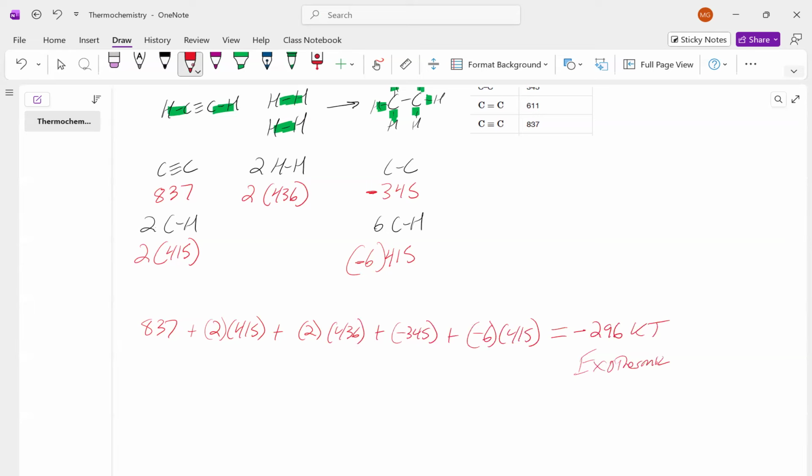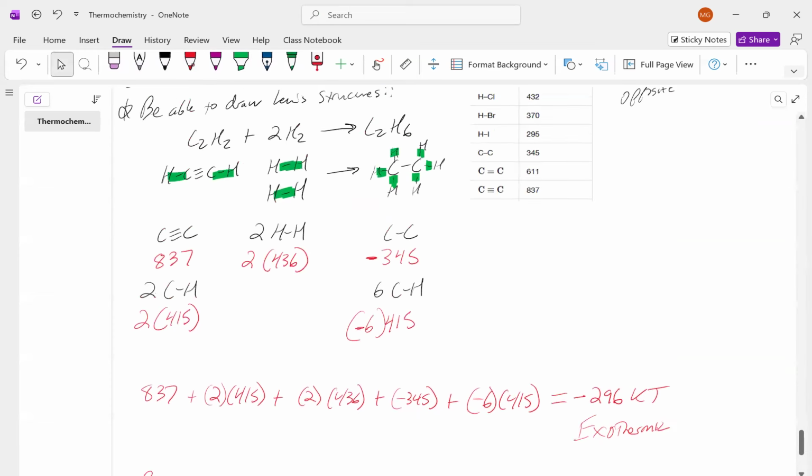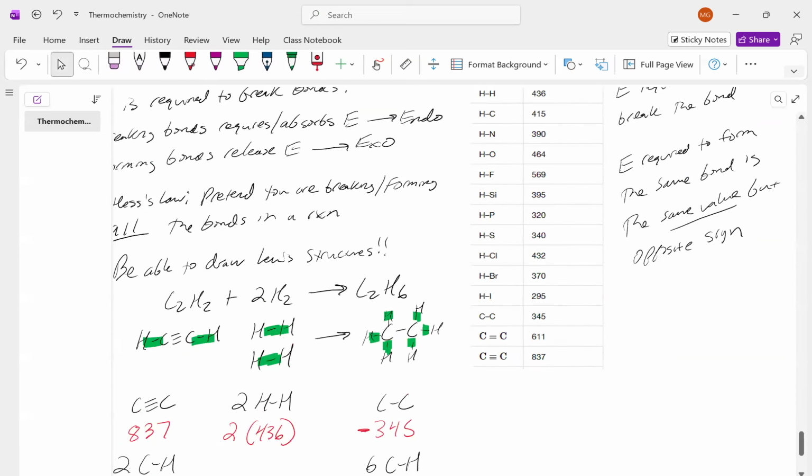Now, before I conclude, I want to talk about some trends. There are certain important trends to know, for example, bond strength. If you look here at carbon-carbon versus carbon-carbon double bond versus carbon-carbon triple bond, what do you notice about the energy required to break those bonds?